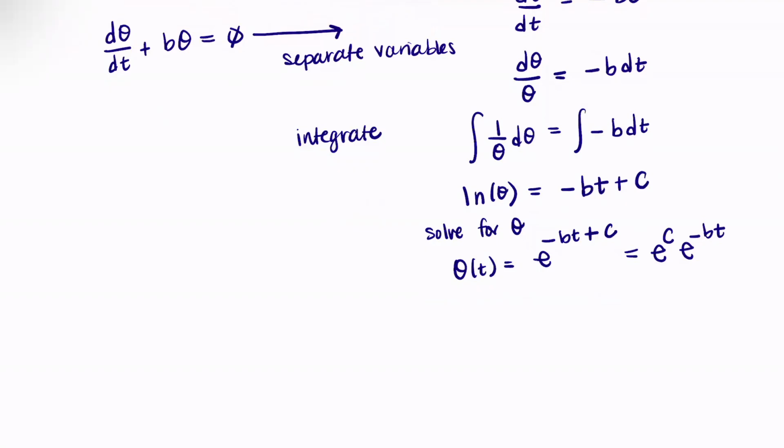And this is just another constant. So e to the C is just another constant, so I'm going to just call it C. And so I have finally that theta of t is equal to C e to the minus Bt.